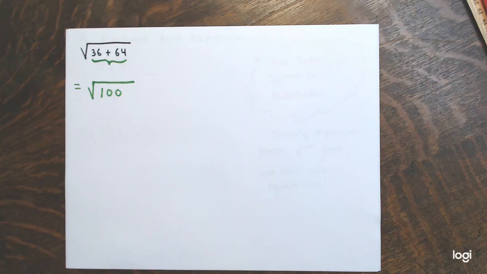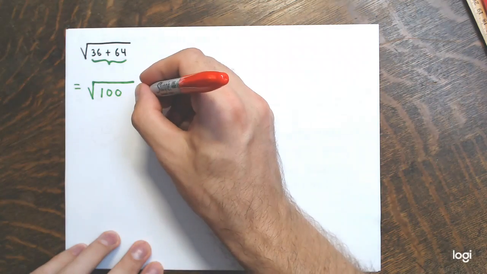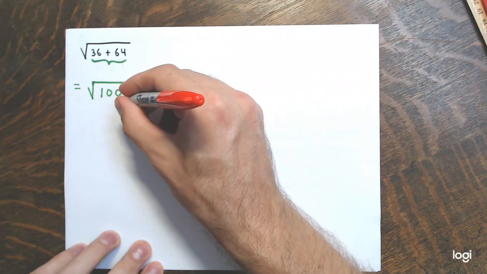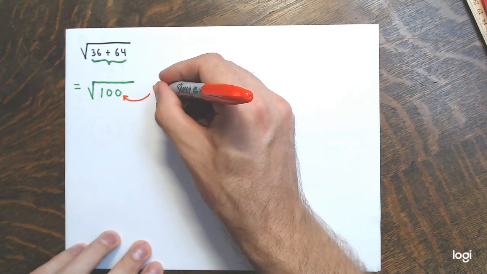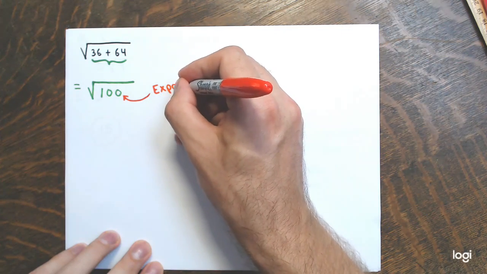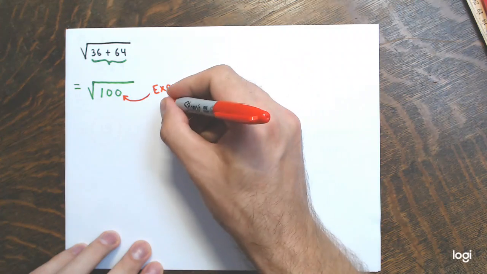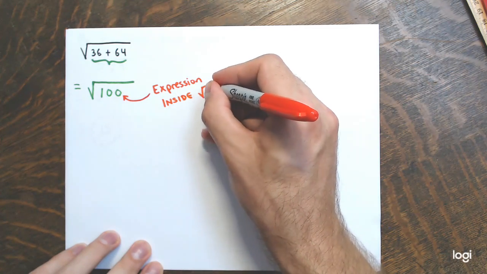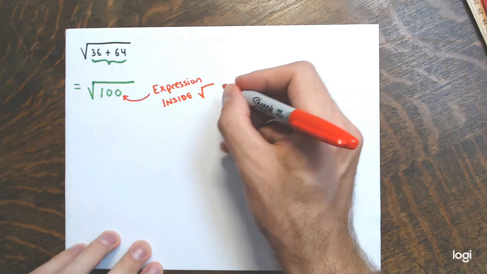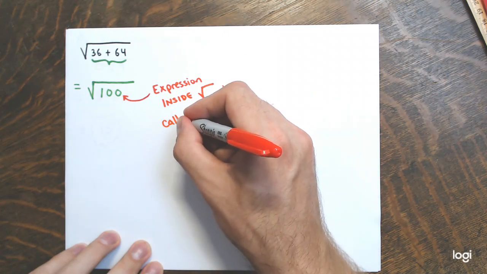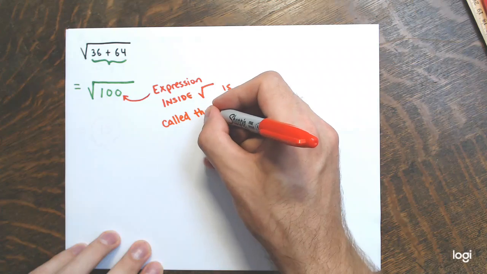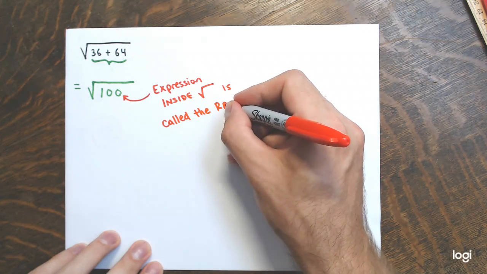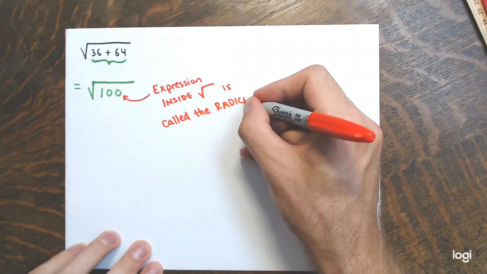Oh, and by the way, something I failed to mention earlier, I apologize. The expression inside the radical symbol has a special name. It's called the radicand of that expression.